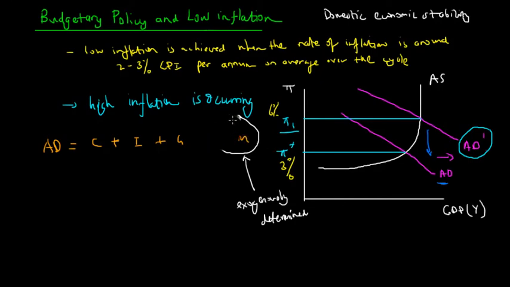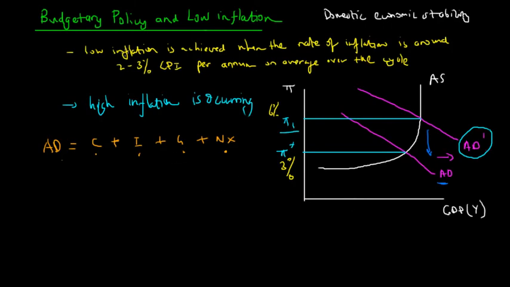So just for simplicity, we're going to assume that this doesn't actually exist. So we're going to look at aggregate demand as a component of C plus I plus G, and net exports we're going to assume is not affected by budgetary policy for the minute.